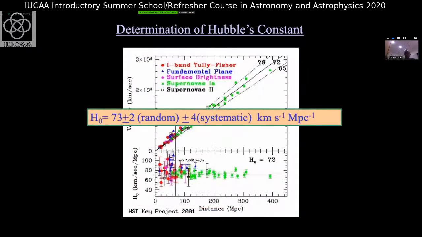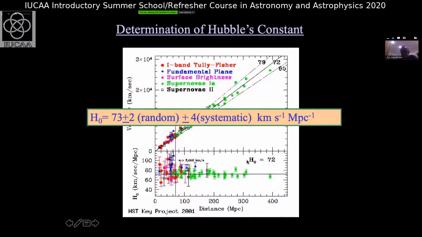And then, what is the current value of Hubble's constant? It is 73 kilometers per second per megaparsec, plus or minus 2, which is the random error, and plus or minus 4, which is systematic. So where does the random error come from? It comes from random errors of measurement, which are very complexly carried forward.